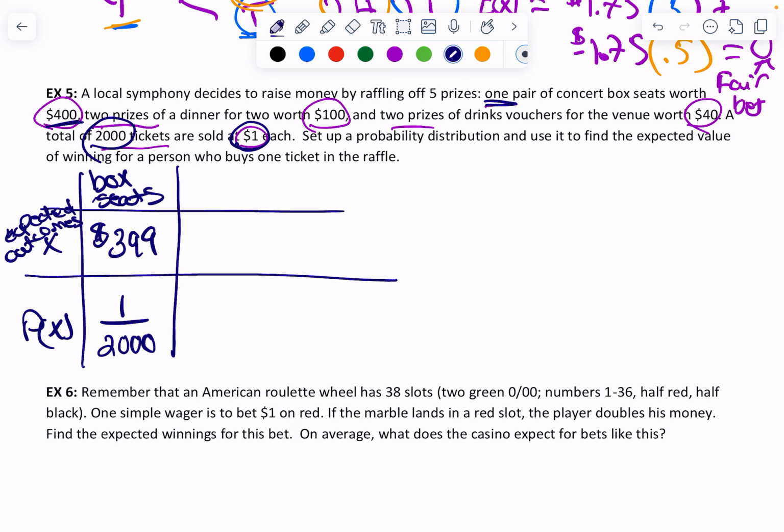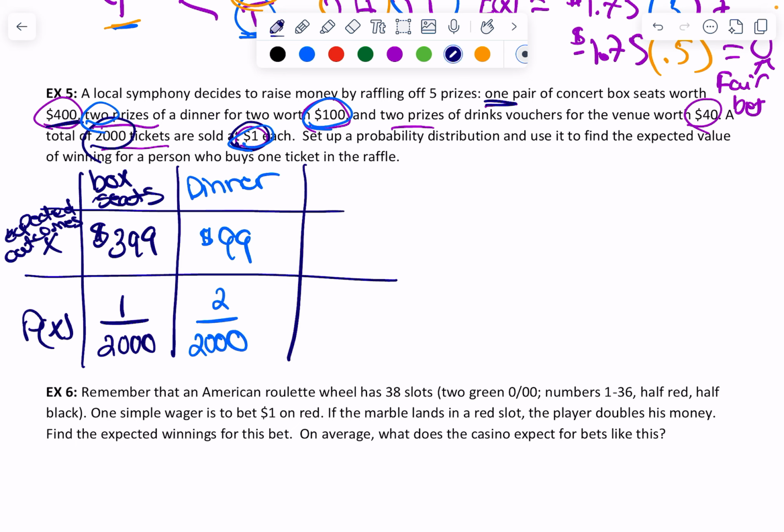Okay, next we're going to look at dinner. Dinner is worth $100. Again, we're going to subtract that $1 for the ticket, which gives us $99. And then there's two of them, so two out of the 2,000 tickets sold.